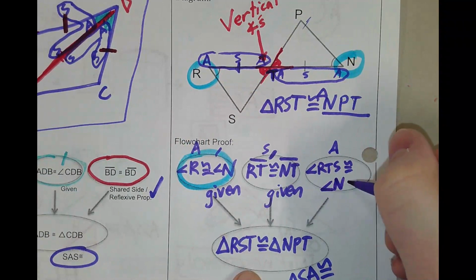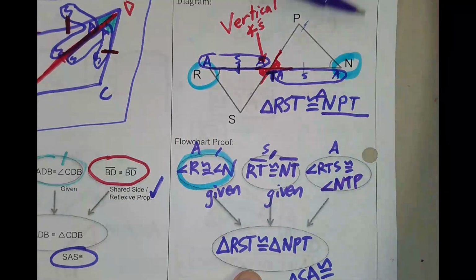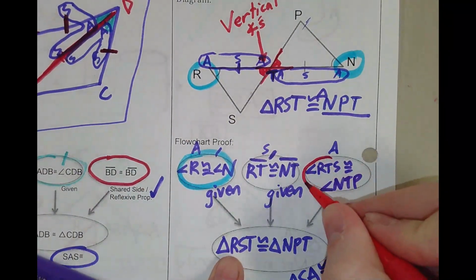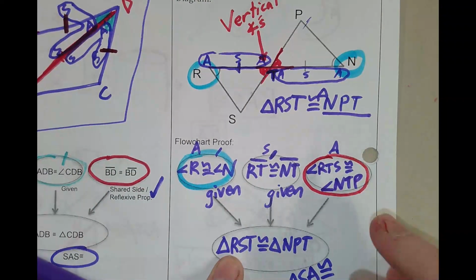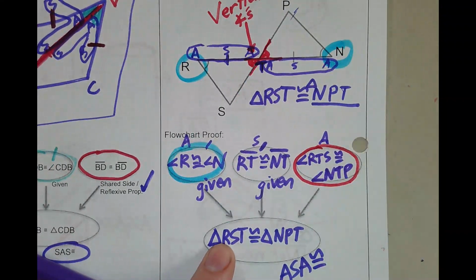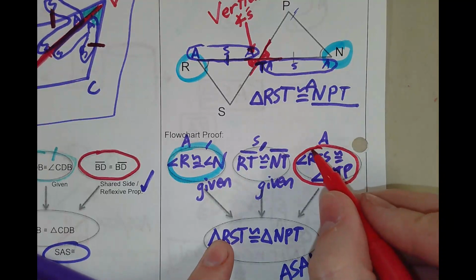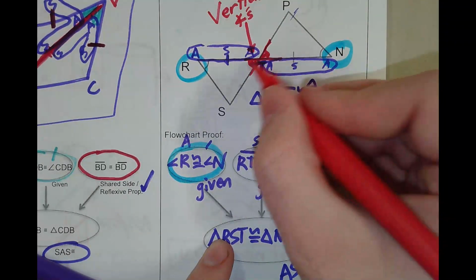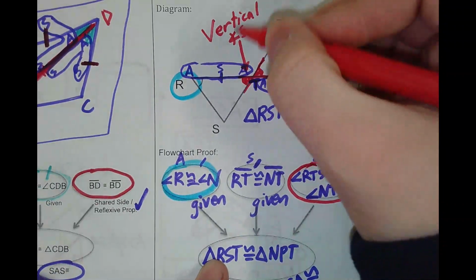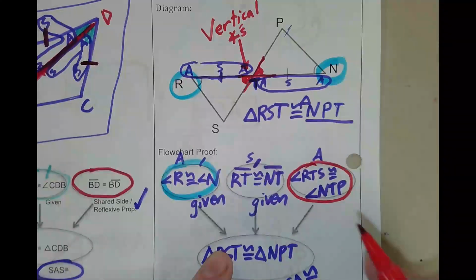angle NTP. Now I'm going to put this in red because I do want some color coding going on here. You don't have to do colors, it just helps with the organization. But since I added that in red because of vertical angles, the reason was not given to us.